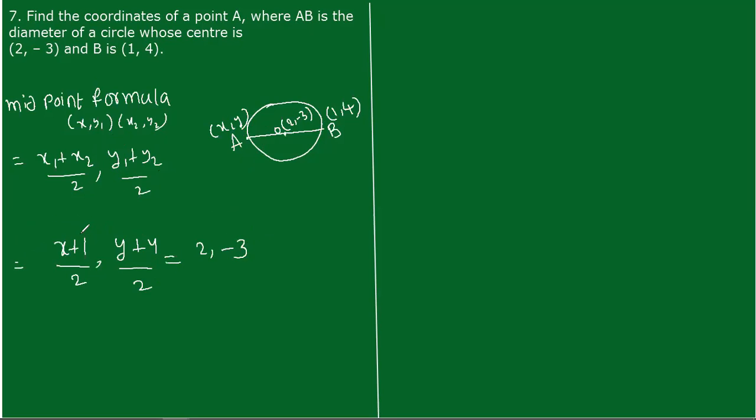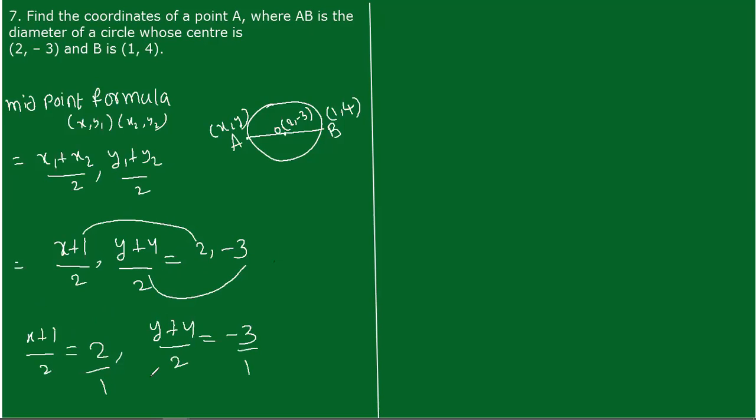So we equate x plus 1 by 2 to 2 and y plus 4 by 2 to minus 3. So x plus 1 by 2 is equal to 2, and y plus 4 by 2 is equal to minus 3. Now let's do cross multiplication.